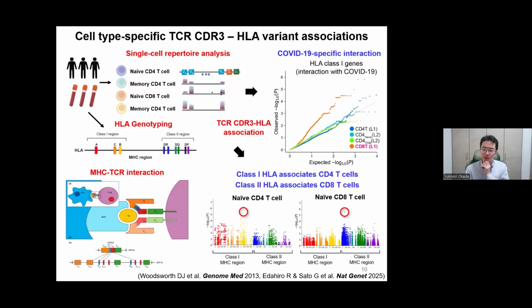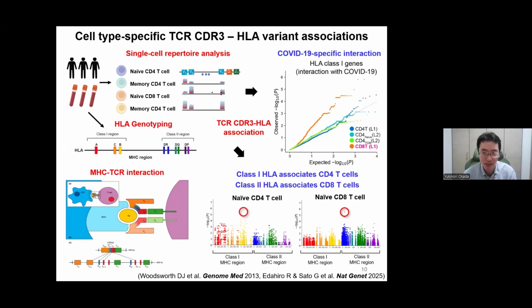But what is happening functionally? People always say HLA is a risk or not, but what is it doing functionally? It is affecting how the TCR CDR3 repertoire sequences are used. When you do single cell sequencing, especially 5' sequencing, you can get the TCR sequence of each T cell and check the association.